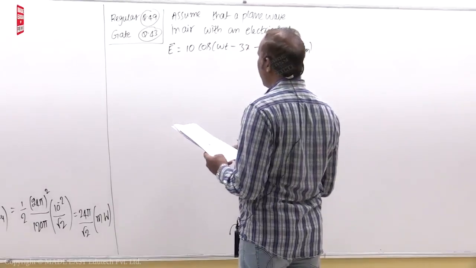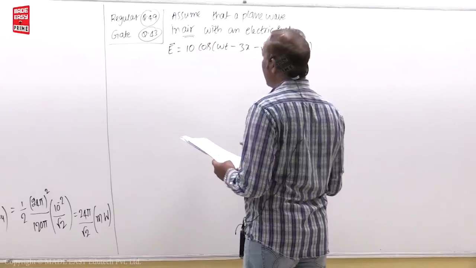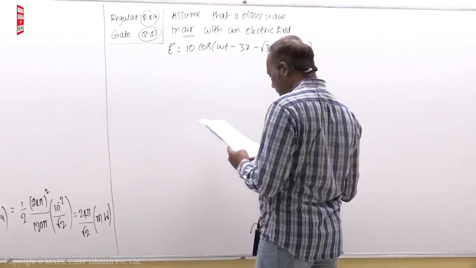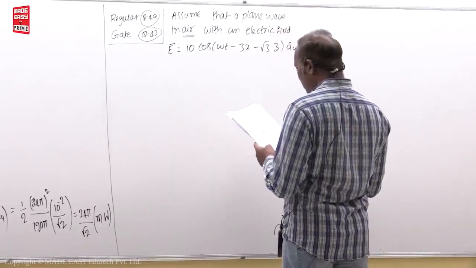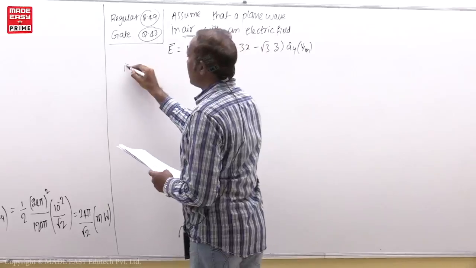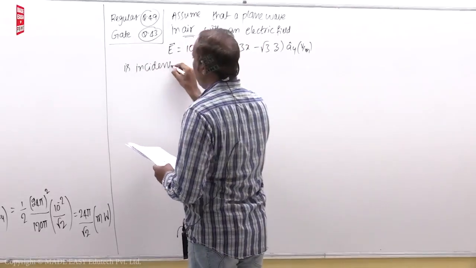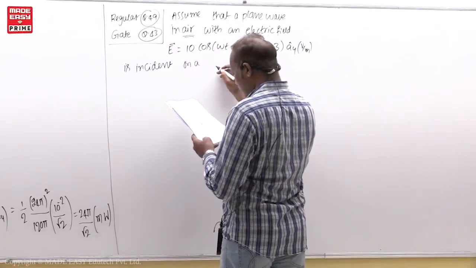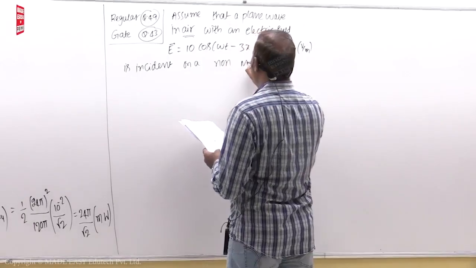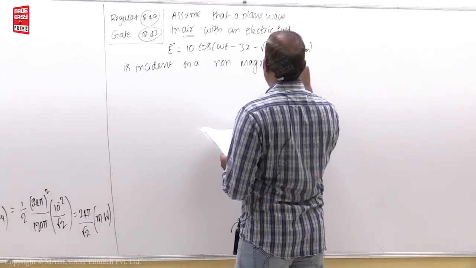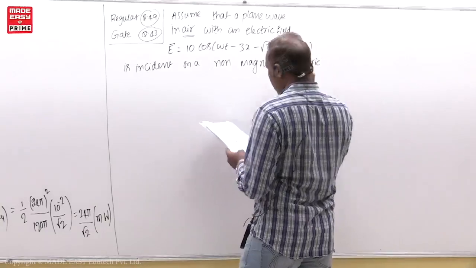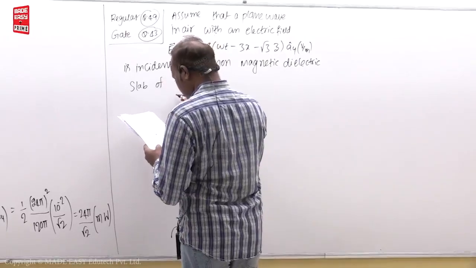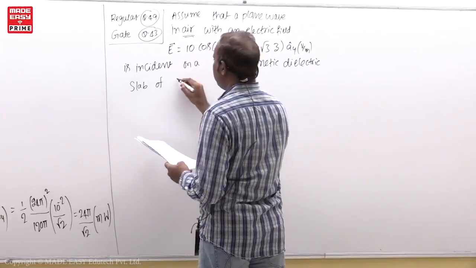Assume that a plane wave in air medium, so medium is air, with an electric field E bar is 10 cos (omega t minus 3x minus root 3 z) ay volt per meter is incident on a non-magnetic dielectric slab of relative permittivity.